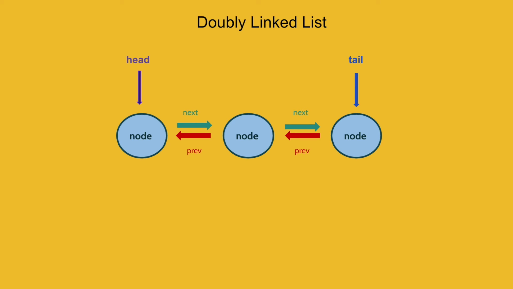And as you can see, the head and tail pointers change which node they are pointing to as the nodes are added and removed, so they never lose reference to what the head of the linked list is and what the tail of the linked list is.